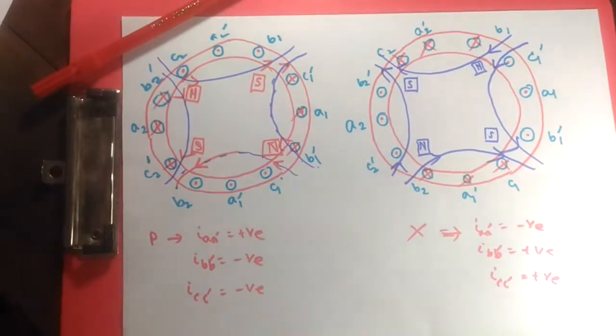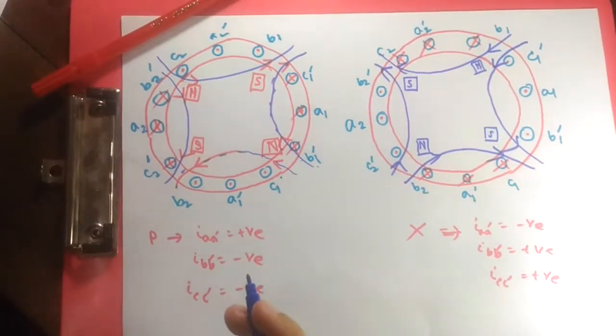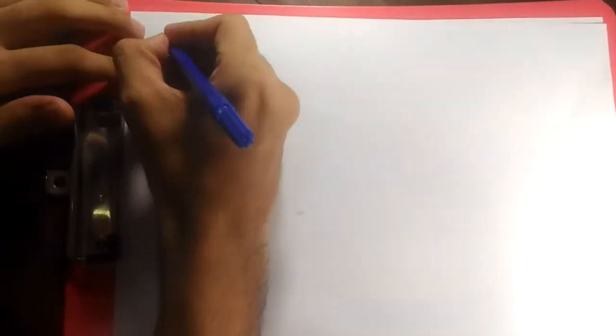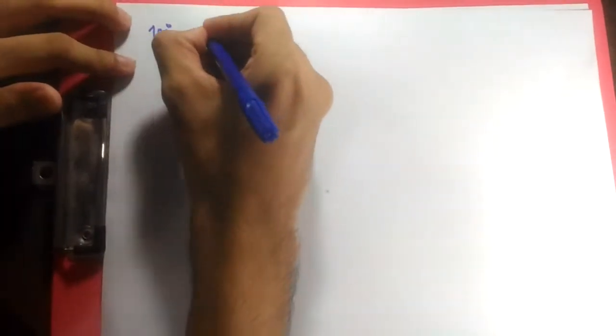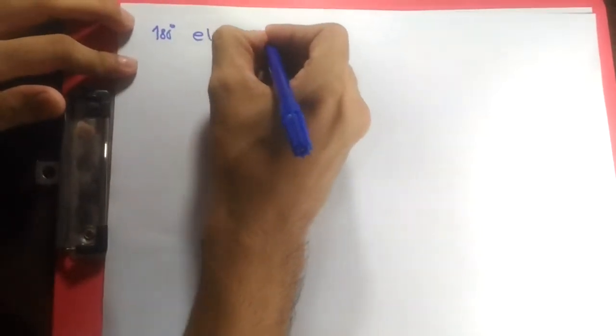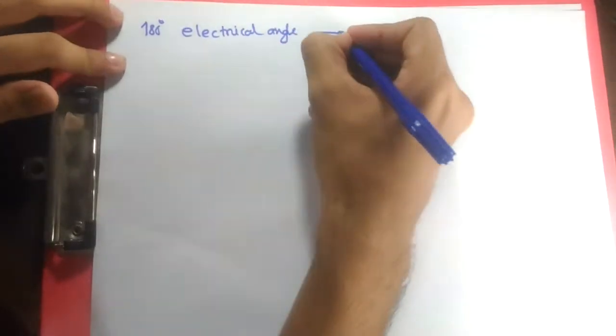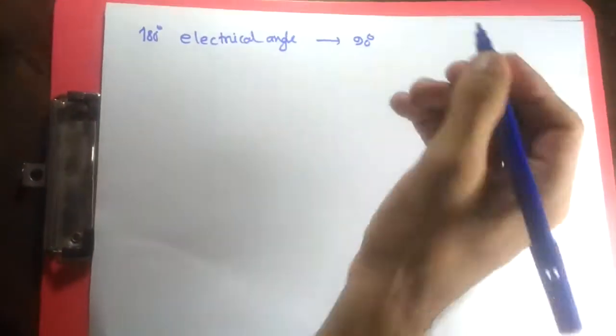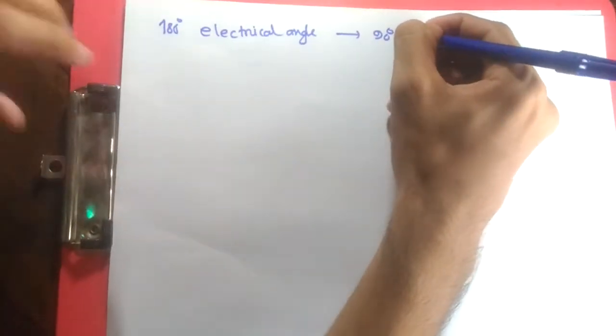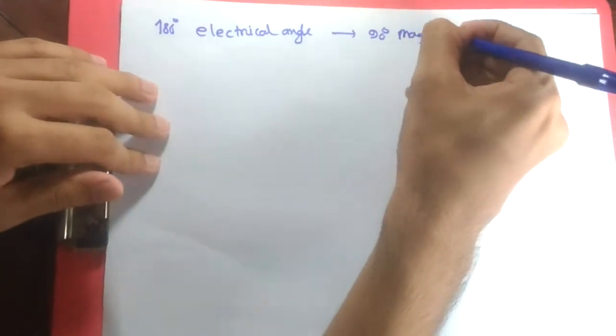So what can you say in common? In common we can say for 180 degree electrical rotation, electrical angle, we get 90 degree magnetic angle.